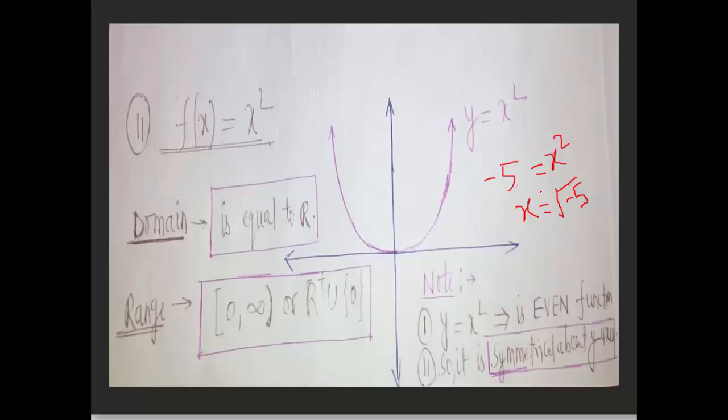That means x equal to plus minus root 5 times i. That means x is a complex number.